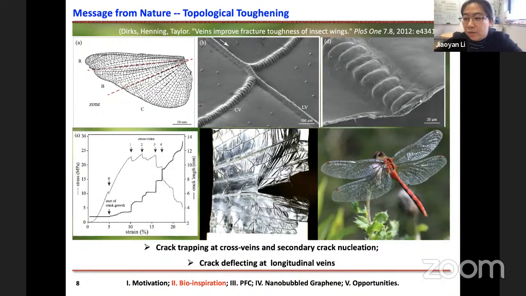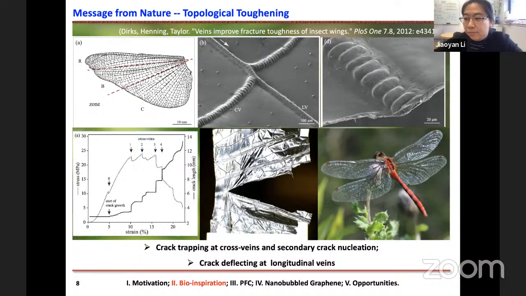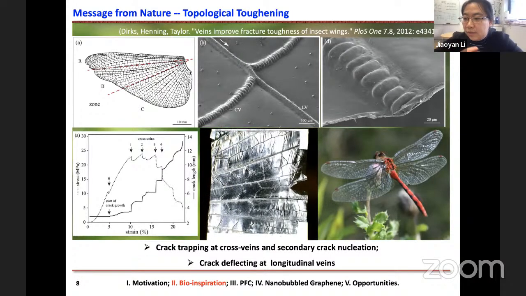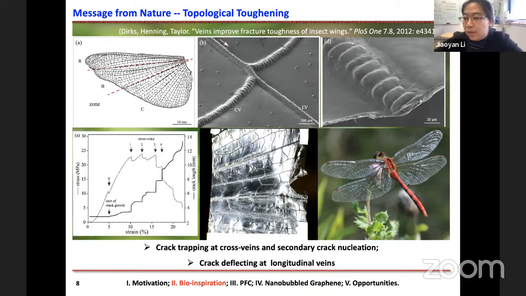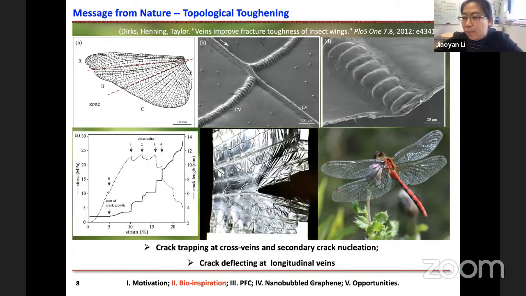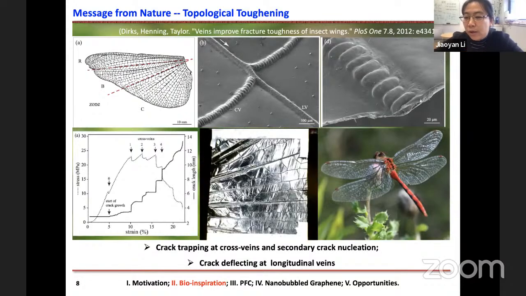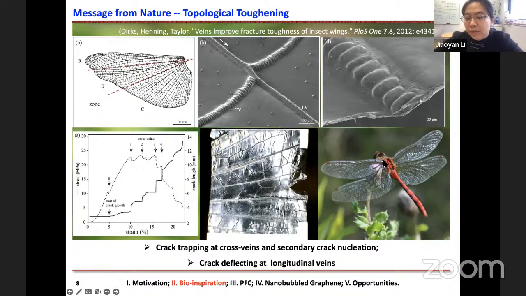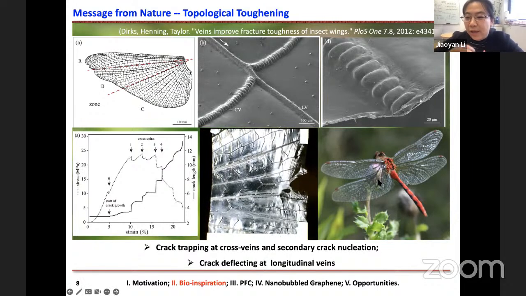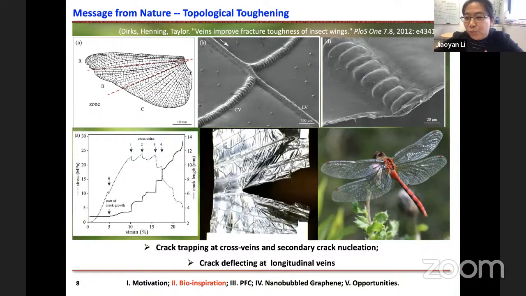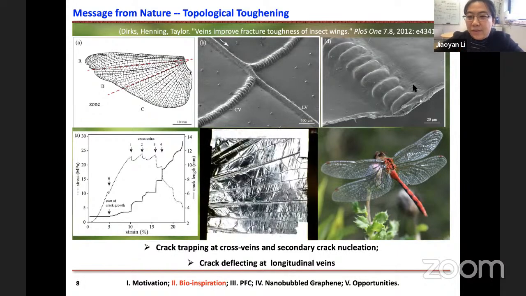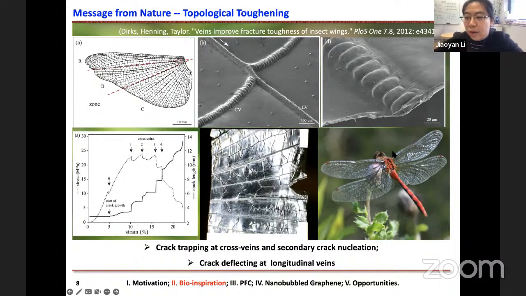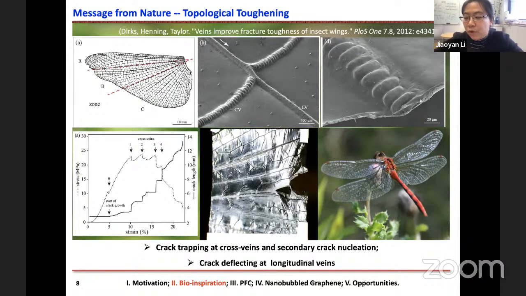Sometimes defects also happen in this membrane, in the wing, and these defects can reduce the insect's flying performance and skeletal biomechanical functions. We know that the dragonfly has a self-healing system, but in fact the microstructure of the flying insect also contributes a lot to resisting the damage evolution.